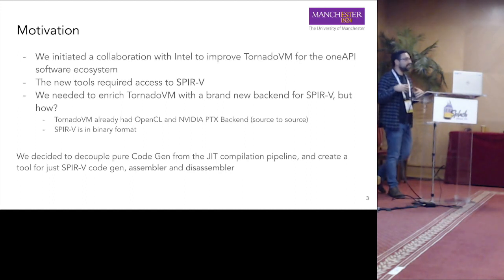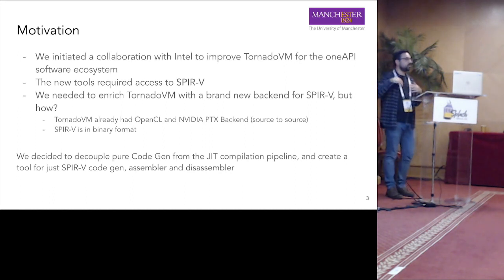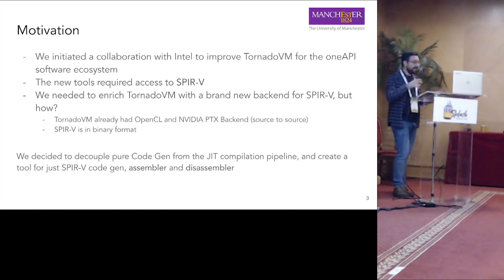SPIR-V is an intermediate representation, a standard portable representation in binary format to run on accelerators. So in Tornado, we need access to SPIR-V in binary format. We thought, okay, this is complicated because it's not easy to generate. I mean, most of you have worked on compilers before. It's not easy to generate binary directly, right? So we decided to decouple the optimization process from the actual code generation, and the code generation is a standalone library. That's the part of the work that I'm going to present today.